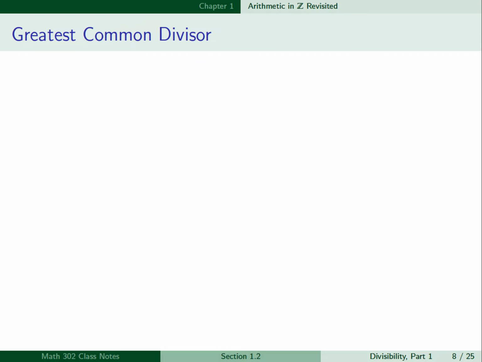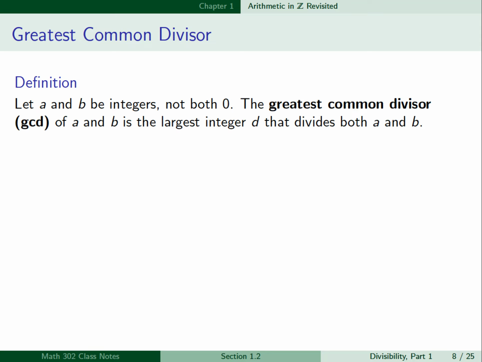Next, we want to talk about the greatest common divisor. So we'll start with the definition, and we'll let a and b be integers, not both 0. Then the greatest common divisor, or GCD, of a and b is the largest integer d that divides both a and b.